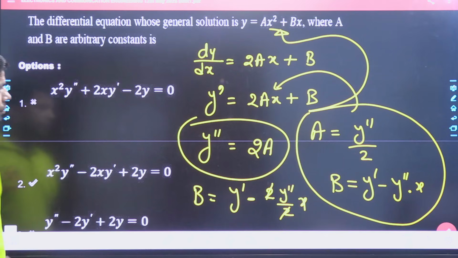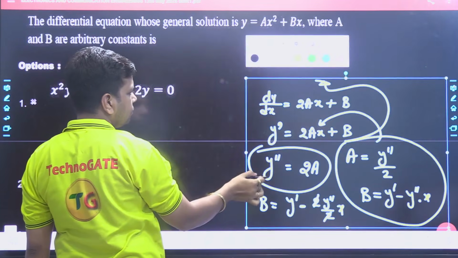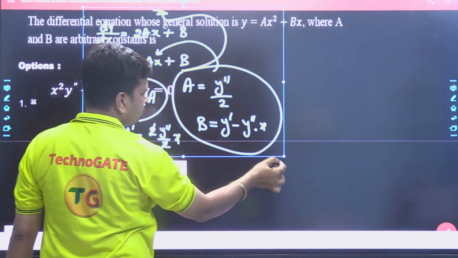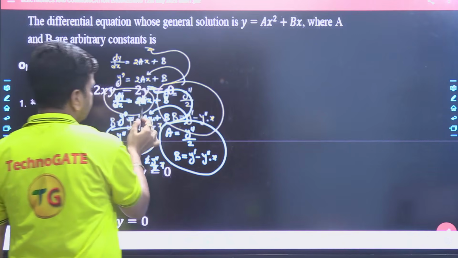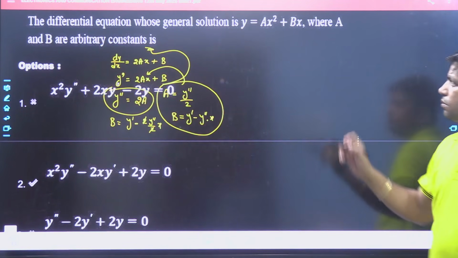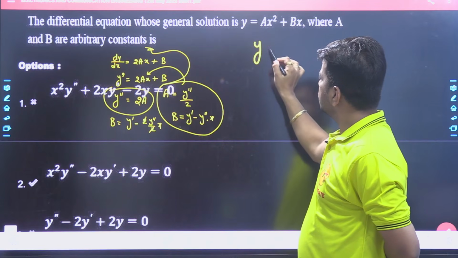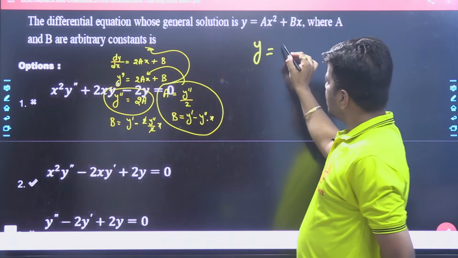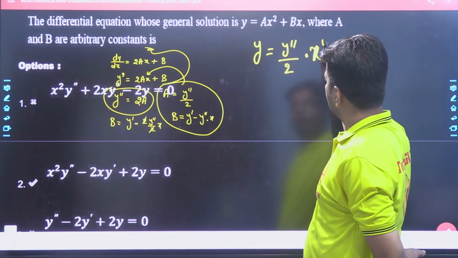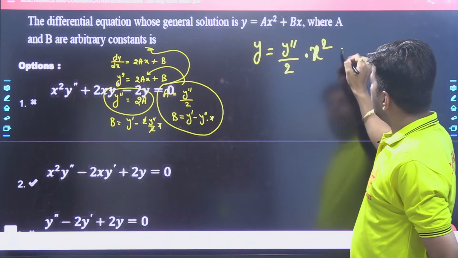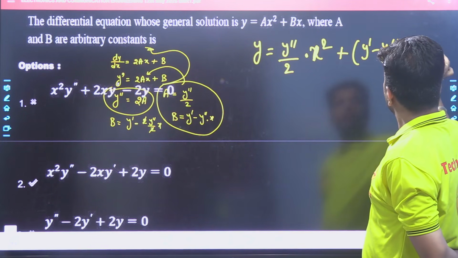Let's see what would be your answer. y equals, the value of a is y double dash by 2 times x square, plus in place of b we put the value of b, y dash minus y double dash times x, into x.